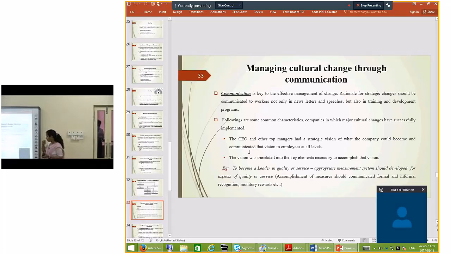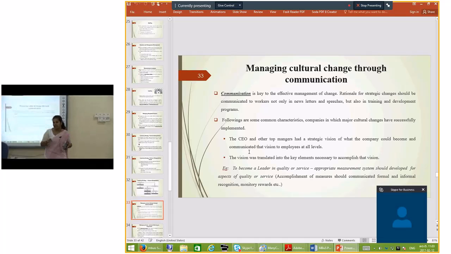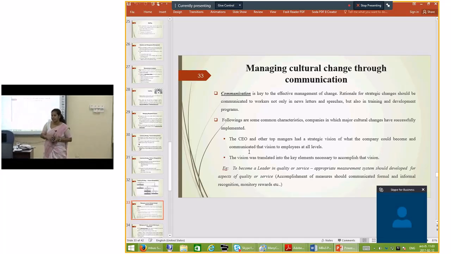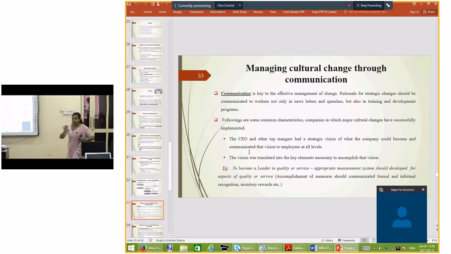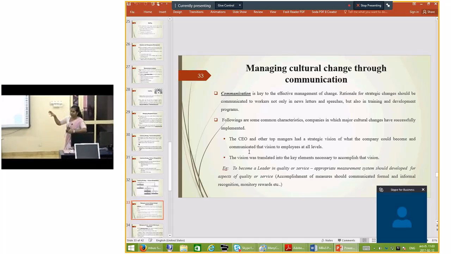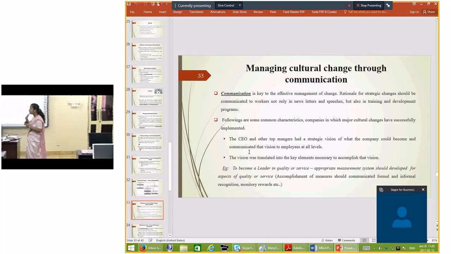For example, they can jot this particular vision down into KPIs, key performance indicators. Understood what I am telling? Although we might mention this is the vision, it is not workable by itself. Therefore, what we can do is classify the particular vision into a performance measurement system.